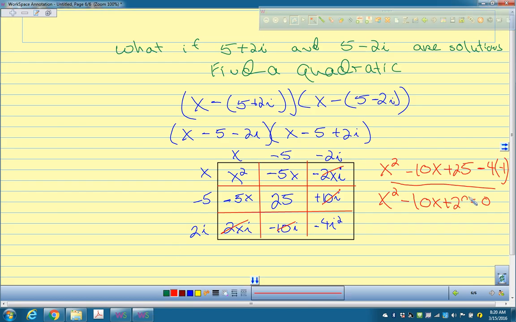Equals 0. So if you see one like this, first rewrite it like this, then distribute, then make a box, then combine all your terms. And I think you only have one of these, okay?